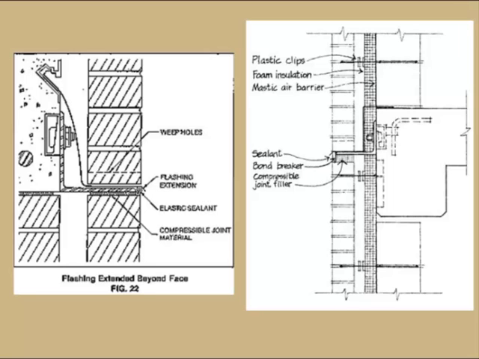These two details show cross-section through the cavity wall at an anchor or at a lintel or shelf angle. And on the left, you can see there's a steel angle anchored into the backup wall. And then coming down from above, you can see a line that swoops down over that anchorage and then turns and goes out through that wall.